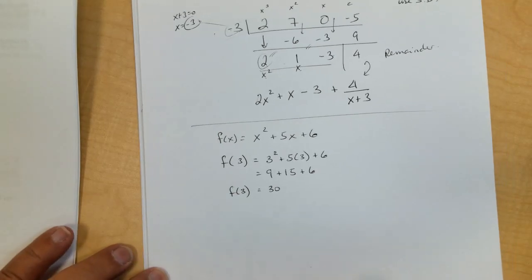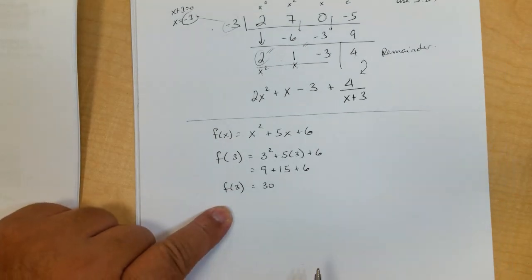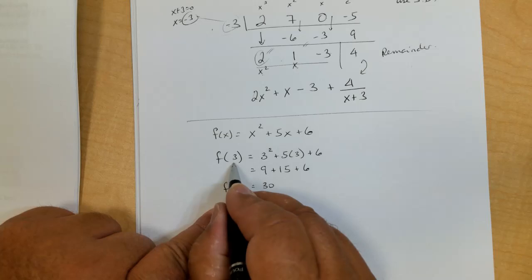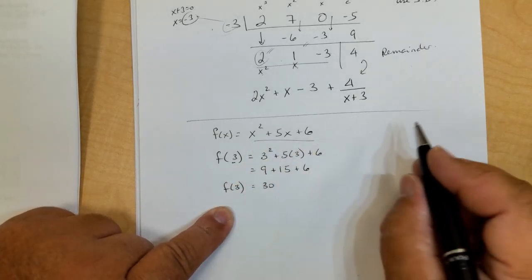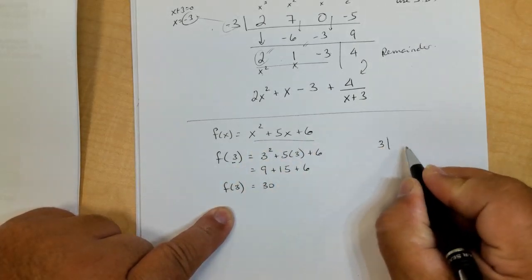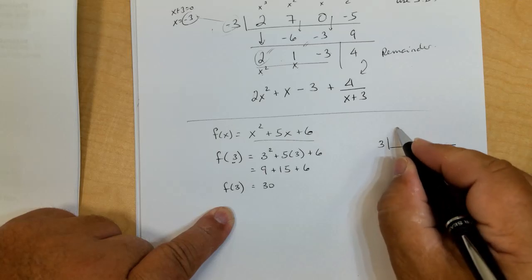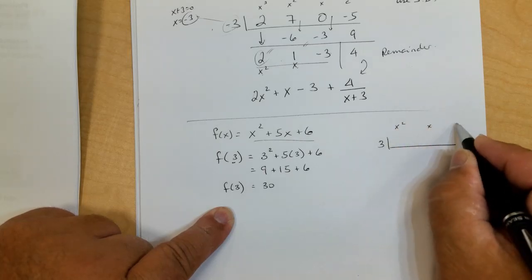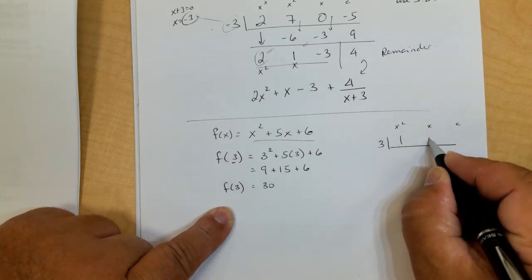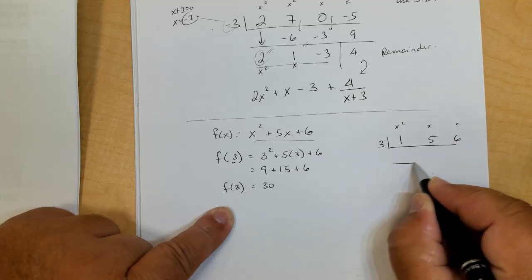Let's see something. This is pretty cool. Let's do synthetic division with this number and this equation. So this is x squared, x, and constant. So it's 1, 5, and 6.